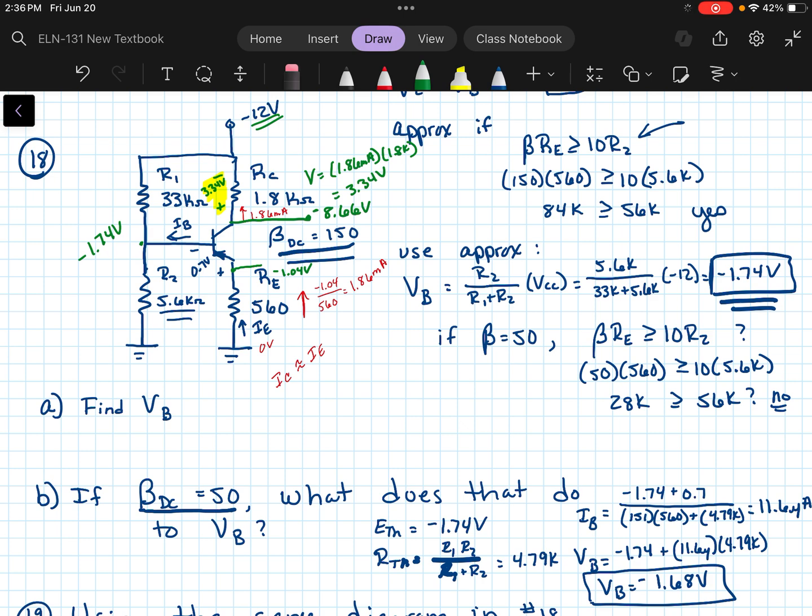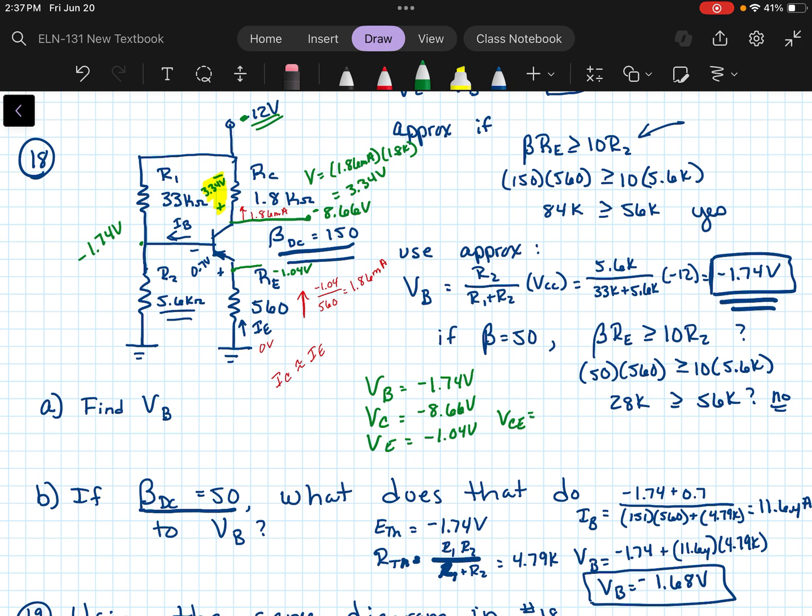Actually negative, because we've started at a negative 12 here, and we've added 3.34 volts. So we're still at negative. So our VB right now, we've got 1.74 volts. VC, we've got negative 8.66 volts. VE, we're at negative 1.04 volts.